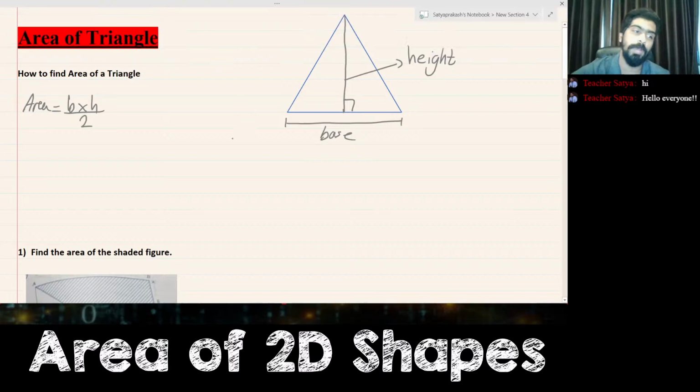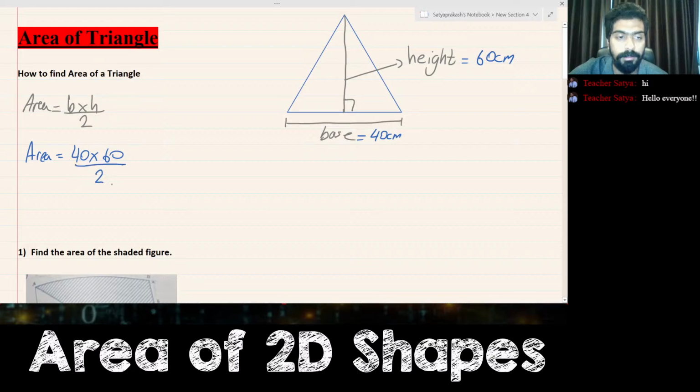Now let me give you an example. Let's say I have the base as 40 centimeter and the height as, let's say, 60 centimeter. So in this case, the area would be the base times height, which is 40 multiplied by 60 divided by 2, right, guys? So either we can simplify it or we can multiply and then divide by 2.